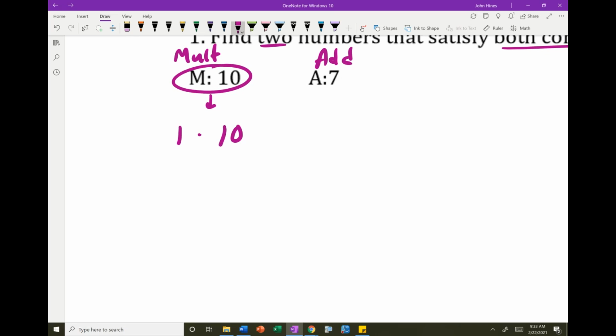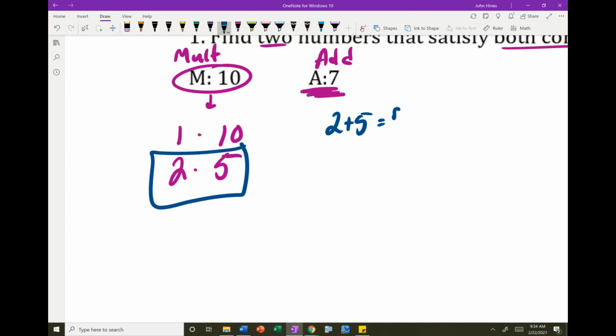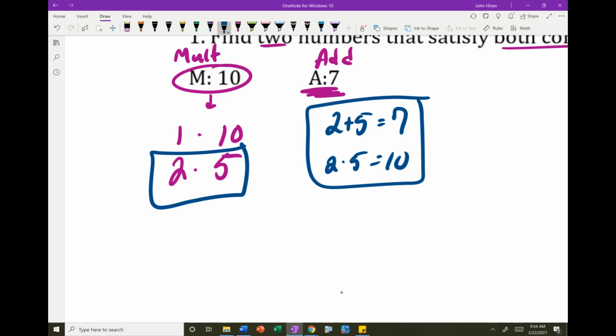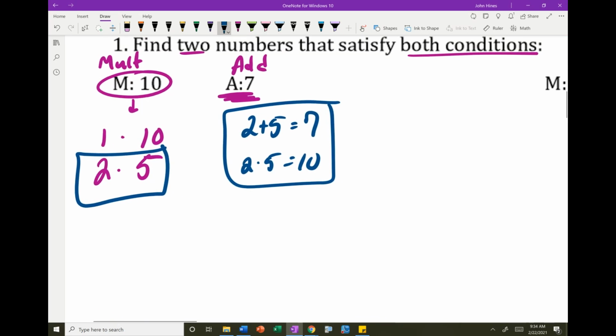Well, let's write out all of our factors. 1 and 10. 2 times 5. 3 doesn't divide in nicely. 4 doesn't divide. And then I get 5 times 2, so I'm repeating. So of these pairs, who adds to 7? What pair adds to 7? Well, 2 times 5. 2 plus 5 gives me 7. 2 times 5 is 10. So the 2 numbers that I need here are 2 and 5.